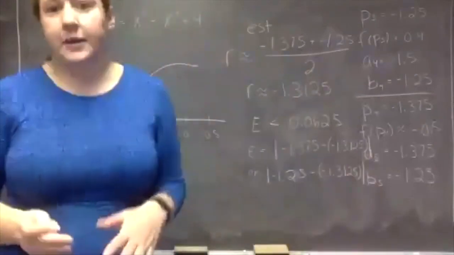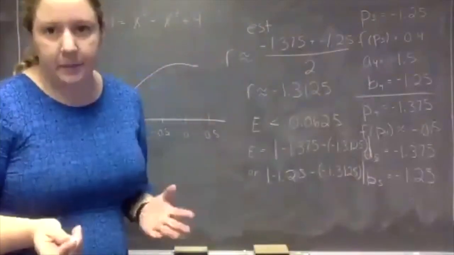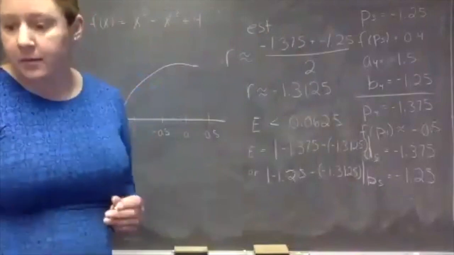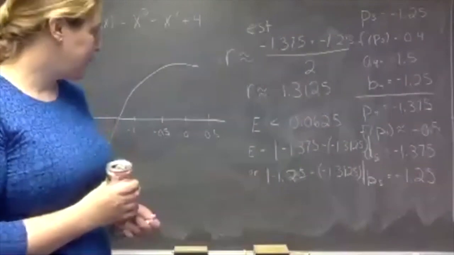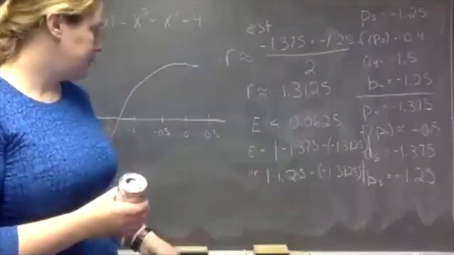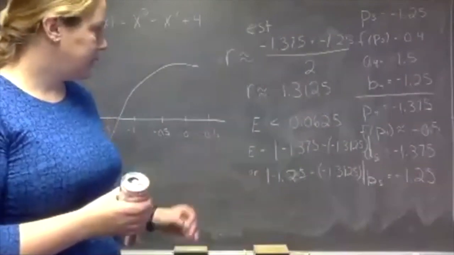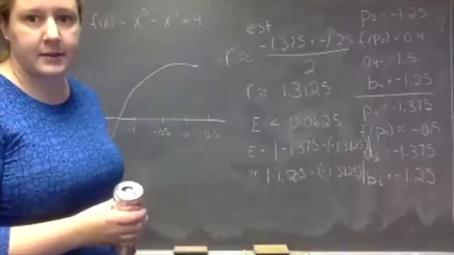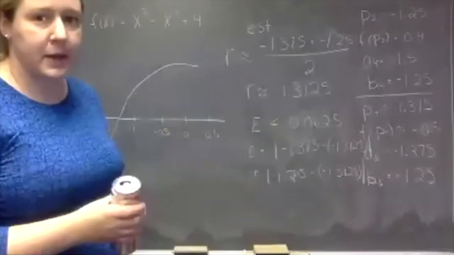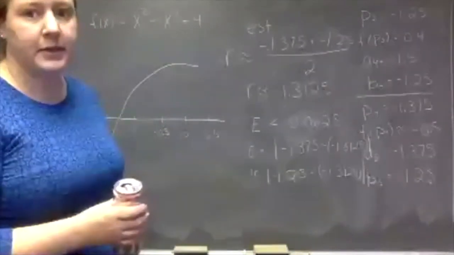So what I'm doing here is I'm just taking either A or B. I don't care which one, because I know that the root guess is directly between the two of them. And I'm saying my error is equal to either A5 minus our guess or B5 minus our guess, and it doesn't matter. One will just give us positive, one will just give us negative, but we're taking the absolute value.